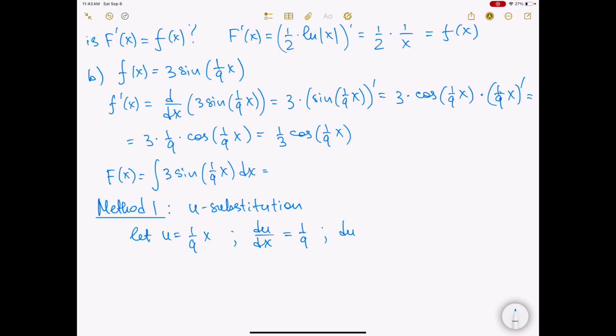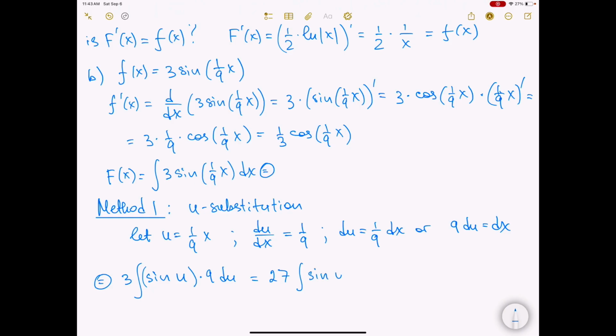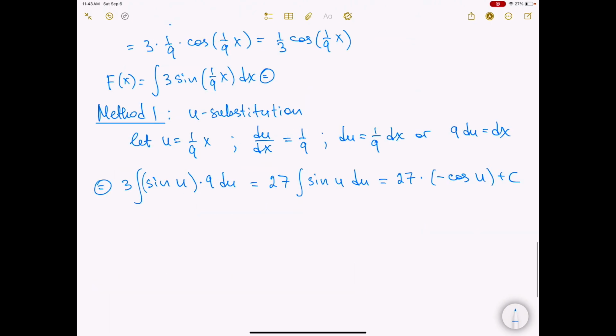So the differential du will be replacing 1 over 9 dx, or the differential dx is equal to 9 du. Using the constant multiple rule, we will need to integrate sine of u, and instead of dx, we will write 9 du. We'll get 27 times the integral of sine of u du. This is a basic trigonometric integral, and the antiderivative for sine of u is negative cosine. As soon as we go back to the original variable, we are done with integration.